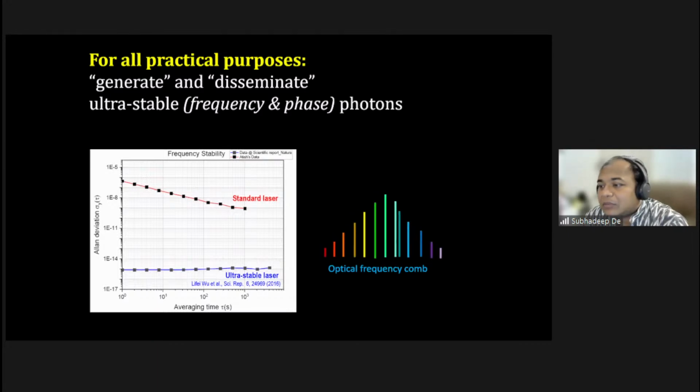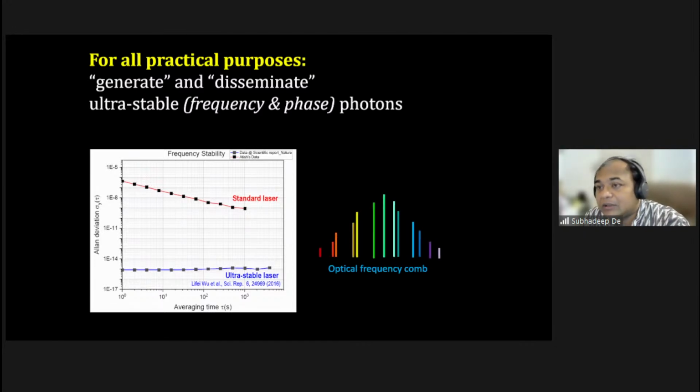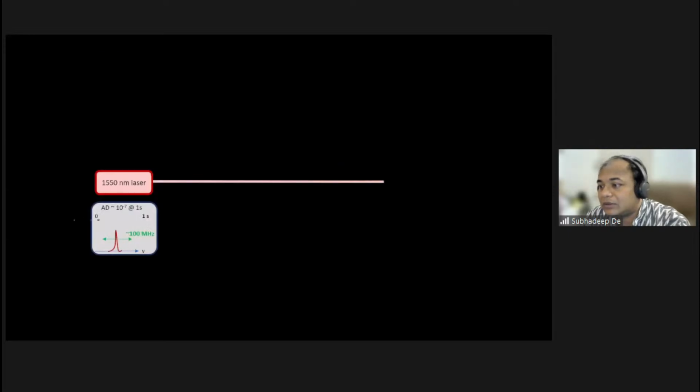The instability, which is defined by Allan deviation, for a very good quality laser is on the order of 10 to the power minus 7 in 1 second. For this fundamental science test, we have to bring it down to 10 to the power minus 17 level at least, or better than that. And for that, we have to do many things which are very complex, not trivial.